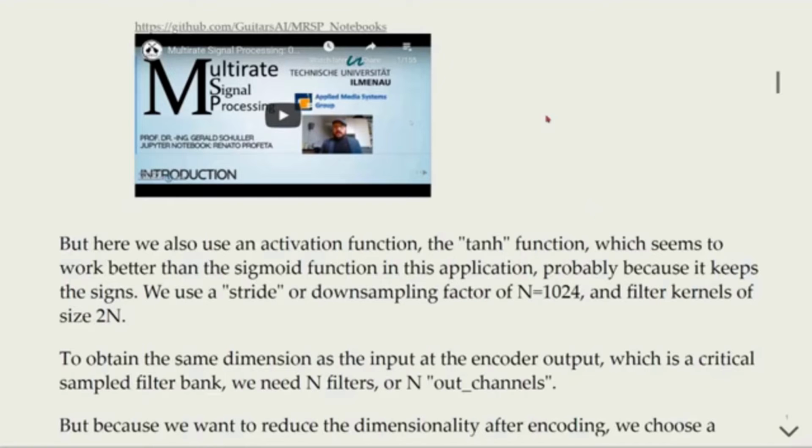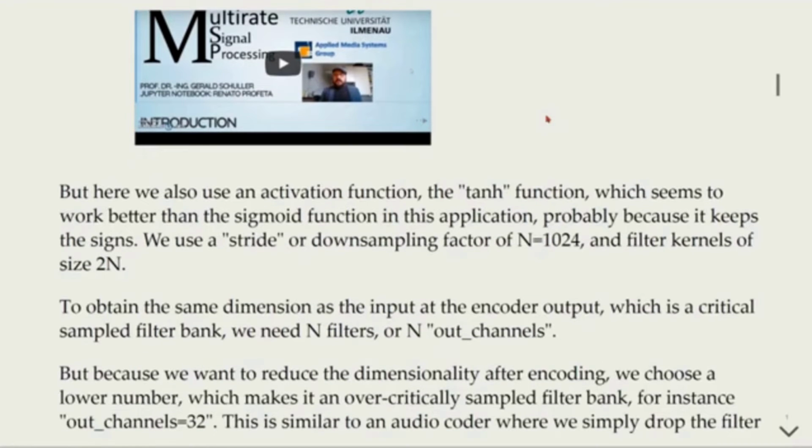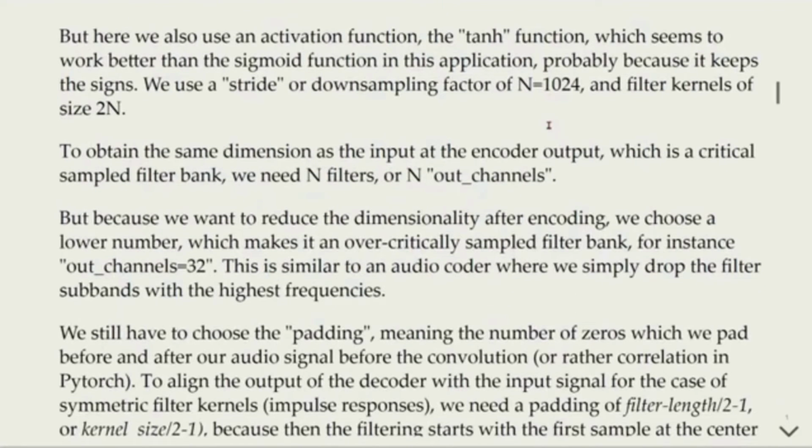We will use a stride or a downsampling factor of N equals 1024 and filter kernels of size 2 times N. To obtain the same dimension as the input at the encoder output, which is a critically sampled filter bank, we need N filters or N output channels.